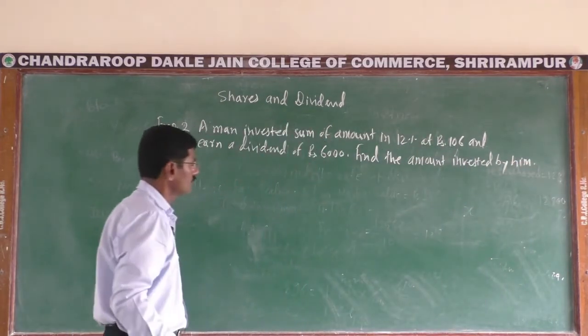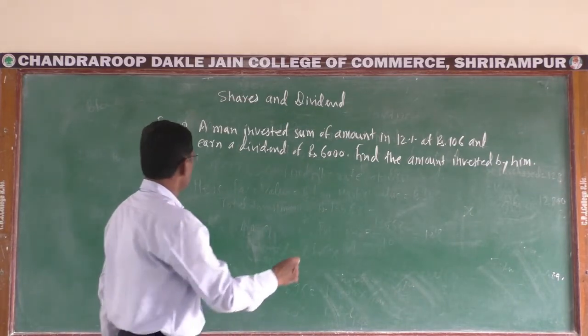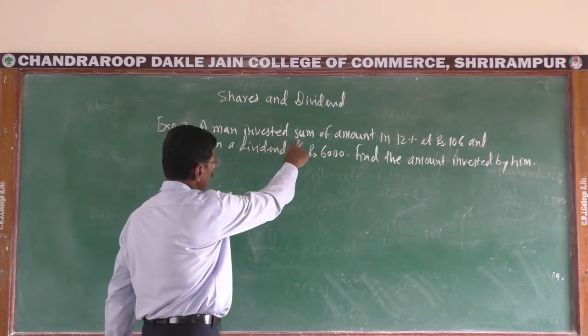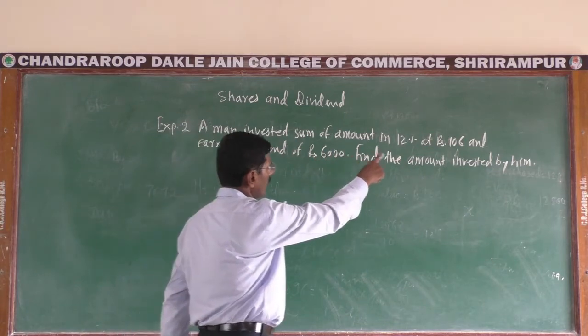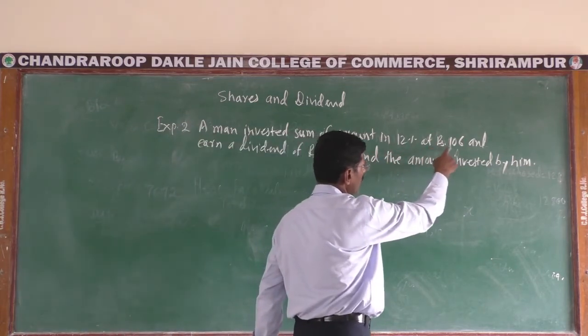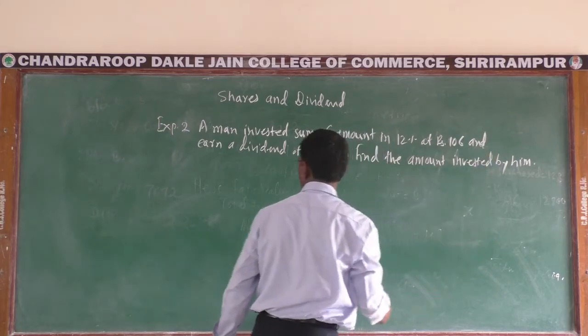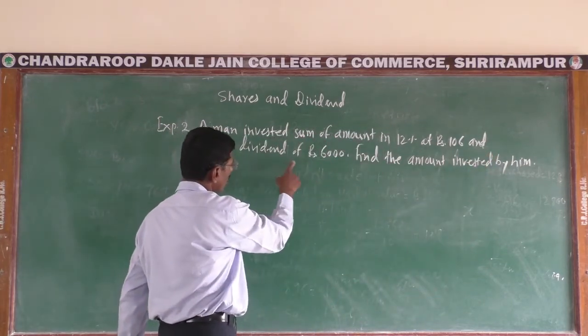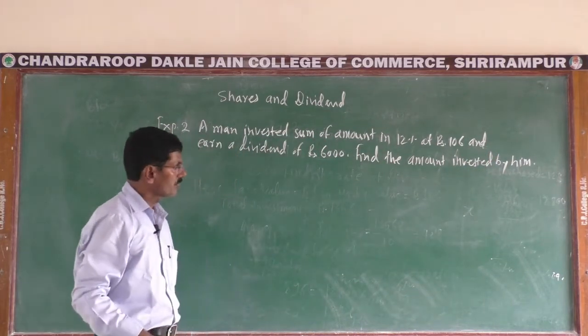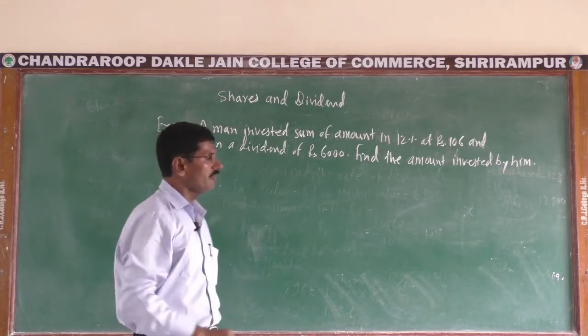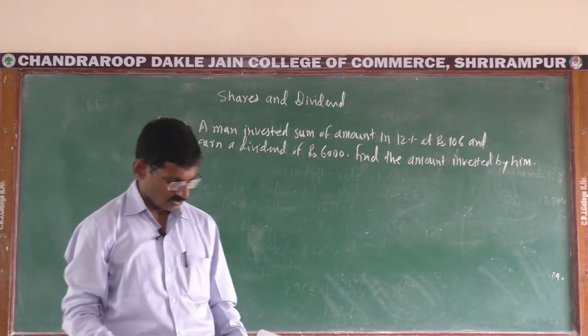See here, a man invested a sum of amount in 12% at rupees 106 and earned a dividend of rupees 6,000. Find the amount invested by him.